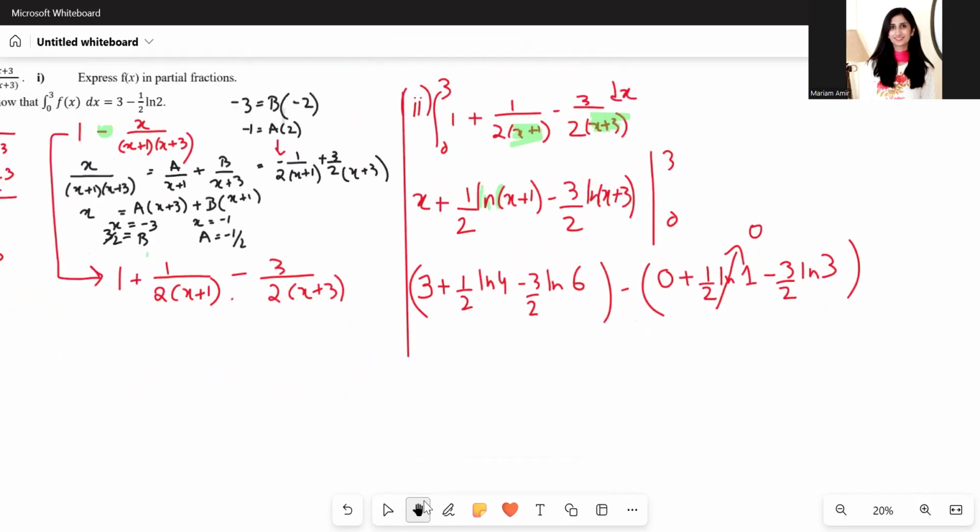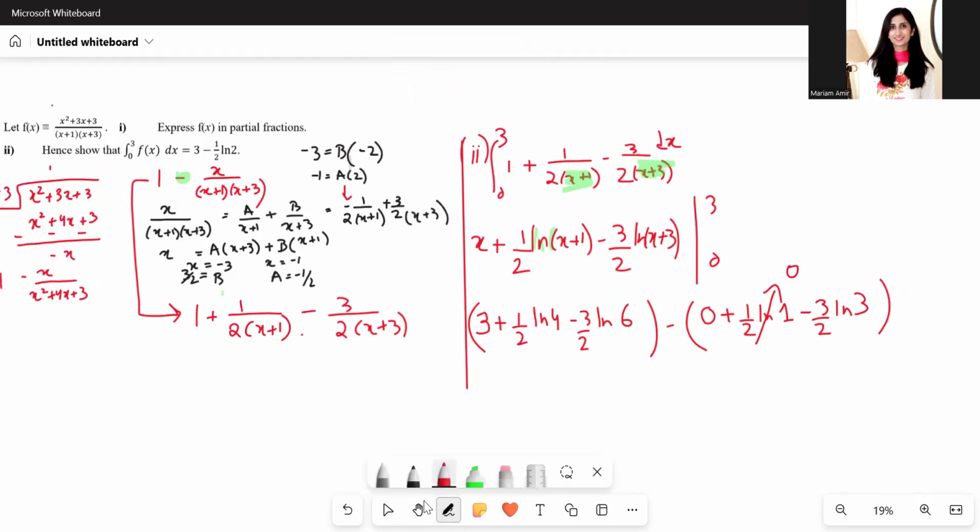So we have 3 plus half ln 4. They want the answer in terms of ln 2, so I'm writing ln 4 as ln 2 squared, and then this 2 will come over here, and 2 over 2 will get cancelled, and we'll only be left with ln 2.